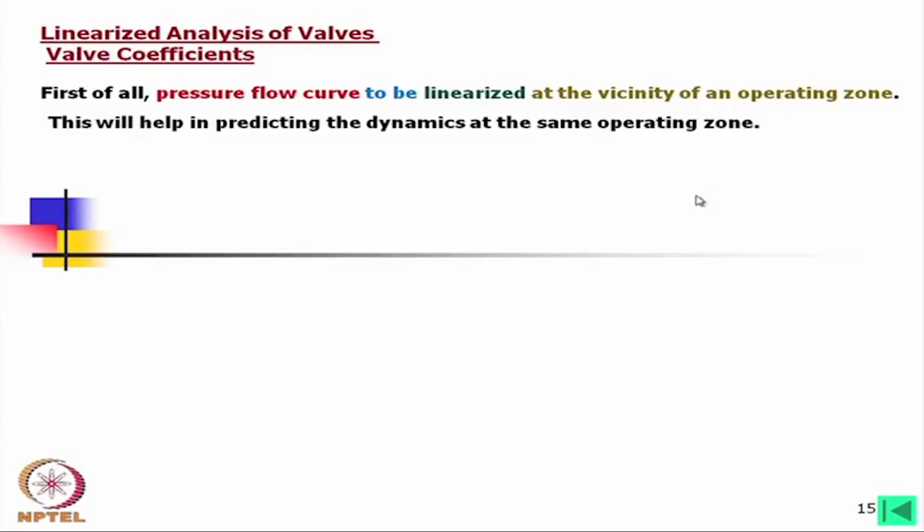This will help in predicting the dynamics in the same operating zone. I have explained that we cannot analyze this valve for all operating conditions. We have to consider a particular operating point, and in the vicinity of that we solve the equations.